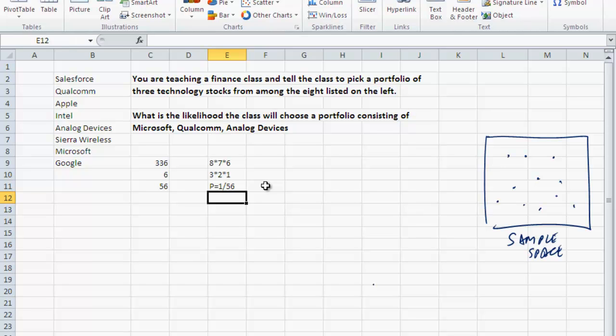So now let's take this 336 and 6 that we have, and I'm going to corrupt this number just a little bit, just like we did for permutations.